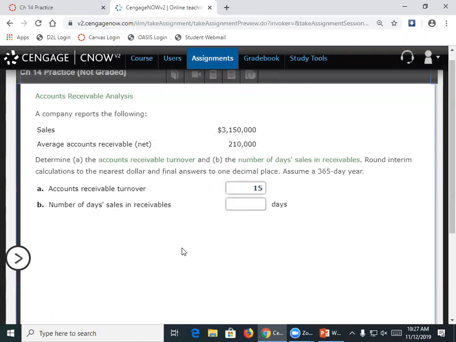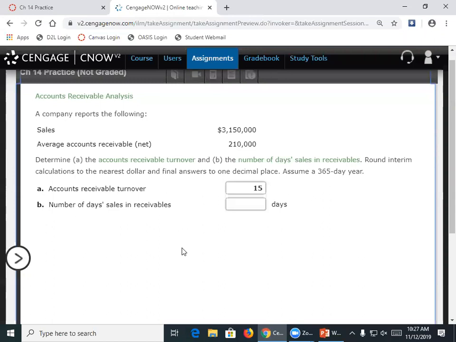And the number of days sales in receivables, again, here you're going to take your average accounts receivable, that's 210,000, and divide by average daily sales. So you have to calculate average daily sales first. So you would take your sales, 3,150,000, and divide by 365 days, okay, to get your average daily sales, which is what, like 8,630.